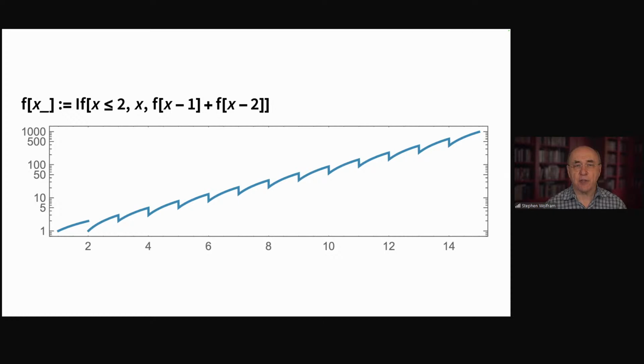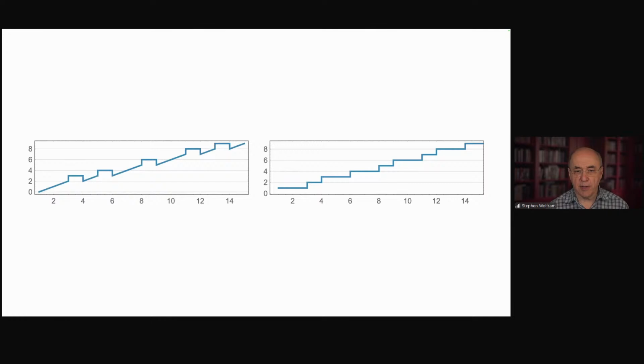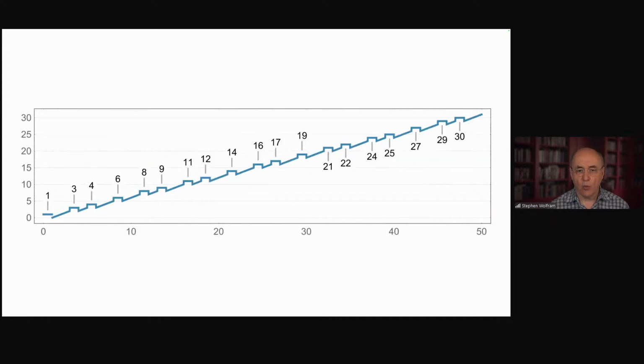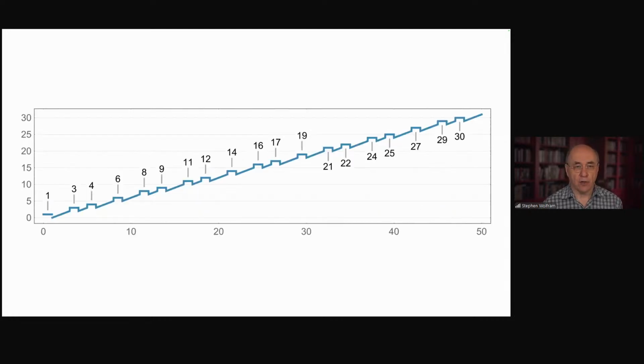So what happens with nestedly recursive functions? We can define an analog of S1 like this, and plotting this along with the discrete result, the continuous result over on the left, we get this. So in more detail, we get for the continuous result something like this, where the plateaus occur at the so-called Wythoff numbers given by floor of golden ratio times k.